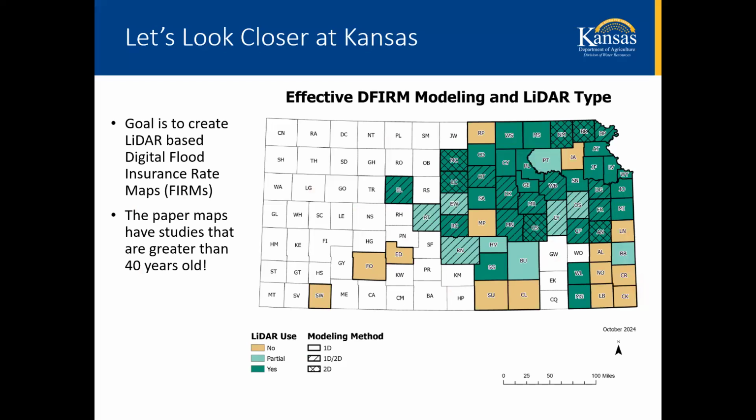And so looking at Kansas a little bit closer, this is where we have effective DFIRM modeling and LiDAR as of October 2024. And so the goal is to create LiDAR-based digital flood insurance rate maps, or DFIRMs. And we still have areas that have paper map studies that are greater than 40 years old. So we are making progress for these other paper mapped counties.